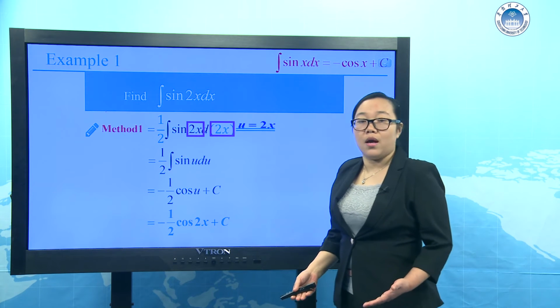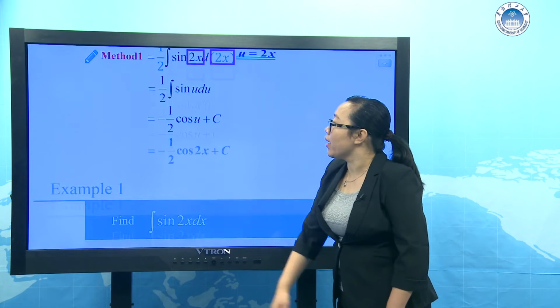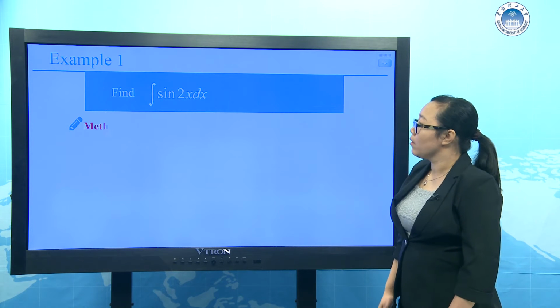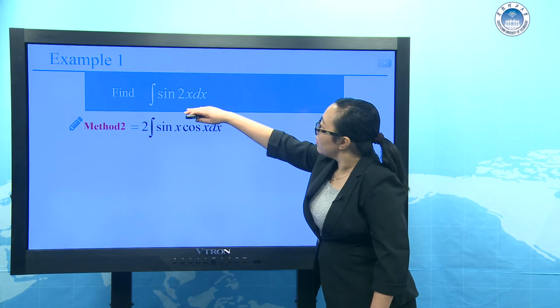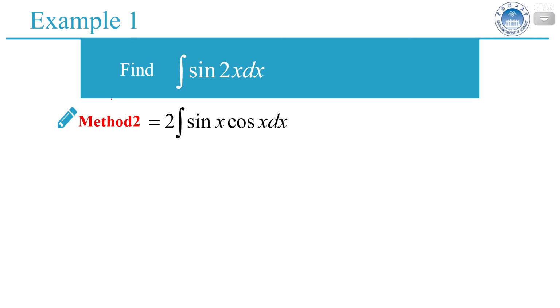Maybe some student asks me, can you tell me another idea for the question? Yes. Now look at method 2. Sin 2x equals 2 sin x cosine x dx. How to do it?